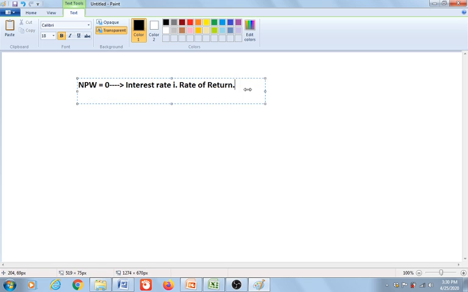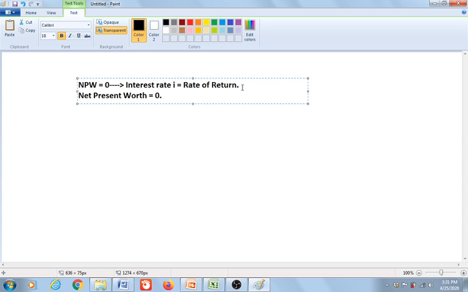So I will repeat. We have an investment, and then we calculate the NPW. What is NPW? NPW is the net present worth. So we calculate the net present worth of that investment, and then we set the value of the net present worth equals 0.